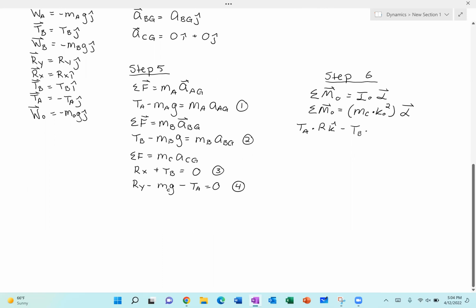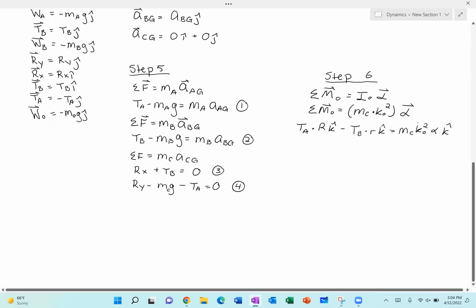So we'll do the moments, and TA will create a positive moment, and TB will create a negative moment. And we'll set that equal to our mass moment of inertia times angular acceleration. And then from that, we can get another scalar equation, because these are all in the k direction.